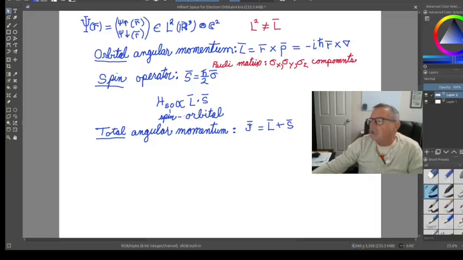I'm also going to show that the dot product between the orbital angular momentum and the spin angular momentum is called the Hamiltonian spin operator. So this is when these two things are coupled together. And this is where things get really interesting, and it helps us with chemistry down the line.